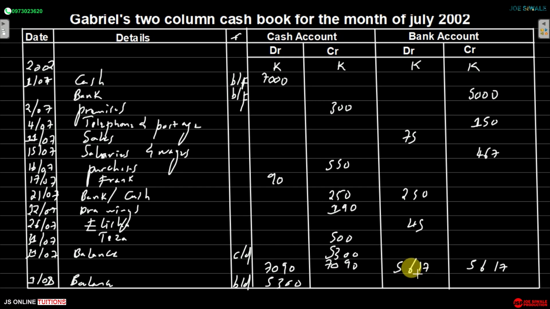So the answer that I'm having is 5247. And to bring it down, to find our balance brought down here, we're going to record it on the credit side as 5247. So that's how you can draw up the 2-column cash book.